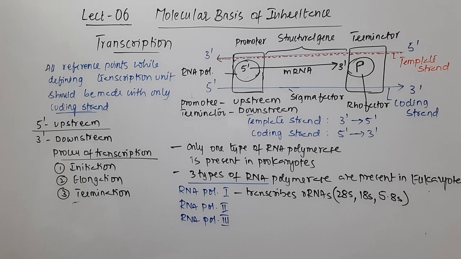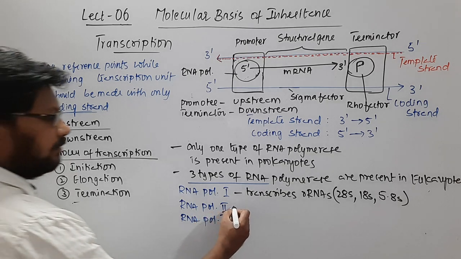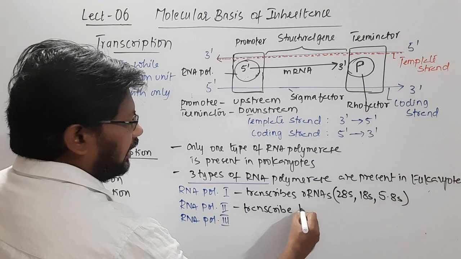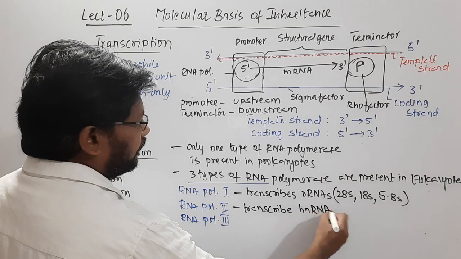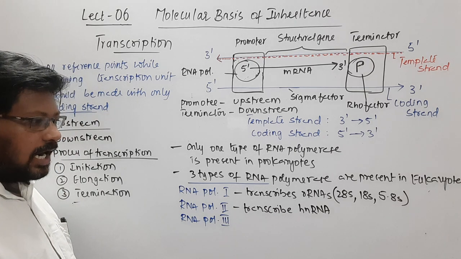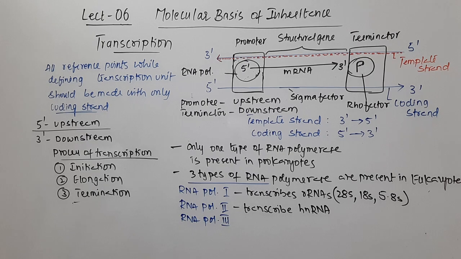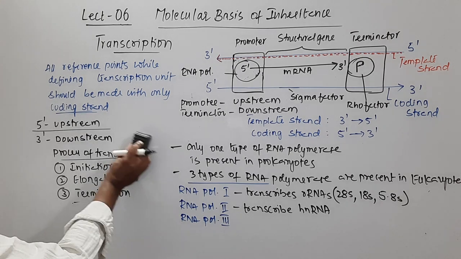Now coming to RNA polymerase 2, it is going to transcribe HN RNA. This HN RNA is a precursor of mRNA.